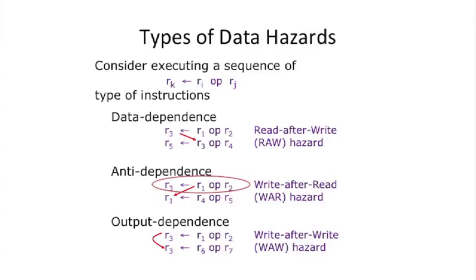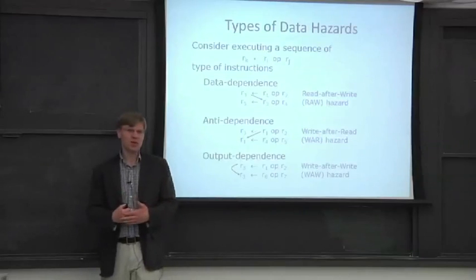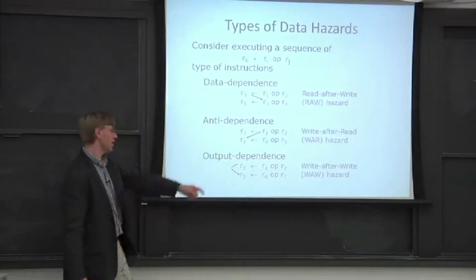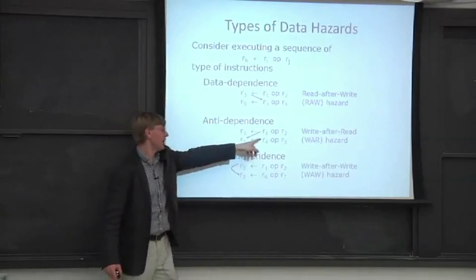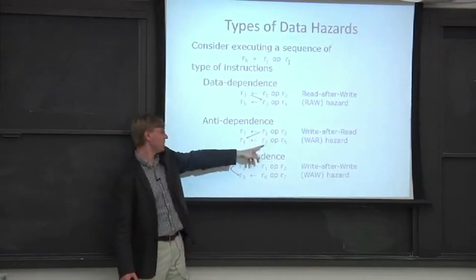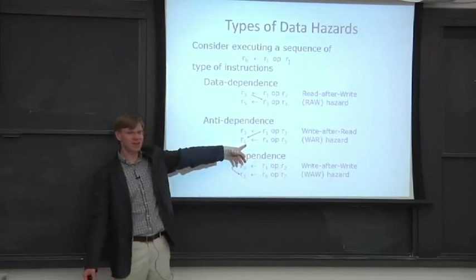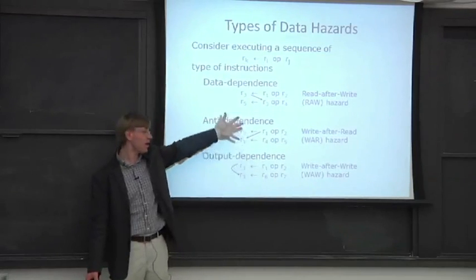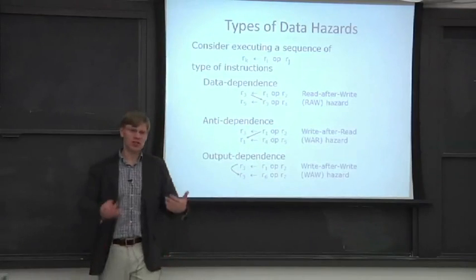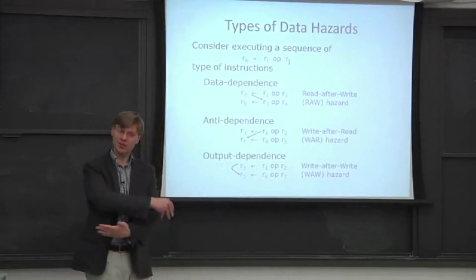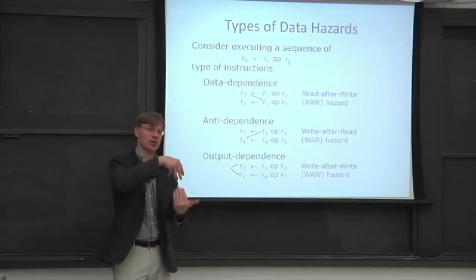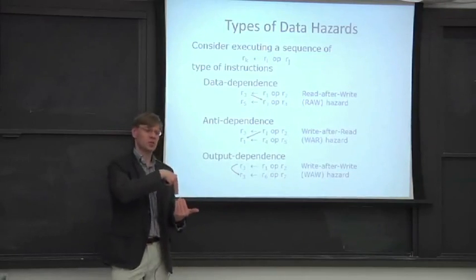If you do everything in order, and your instructions are just slowly flowing down the pipe, executing one instruction at a time, you read register 1 here, and then a whole lot of time later you write register 1, so nothing bad happens. But if you start to execute instructions out of order, or multiple instructions at the same time, you can start to run into problems.